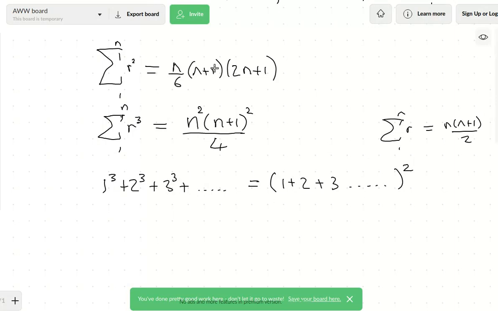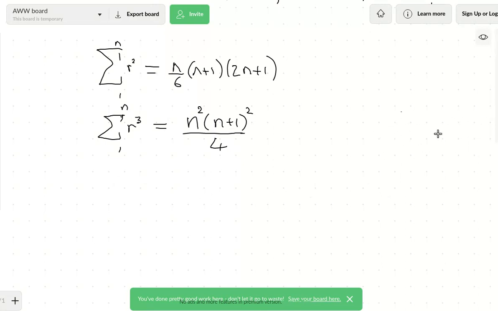Now we're going to prove those results by induction. They're really simply proved by induction, but you haven't done inductive proofs yet, so you've got that to look forward to. Definitely induction is the most sensible way, in some ways, to prove those results, although I have seen other proofs of them.